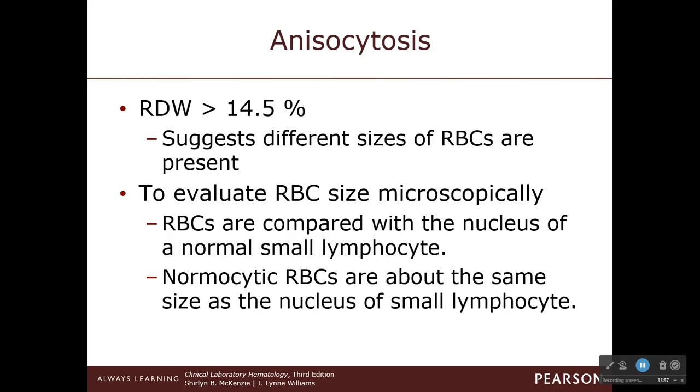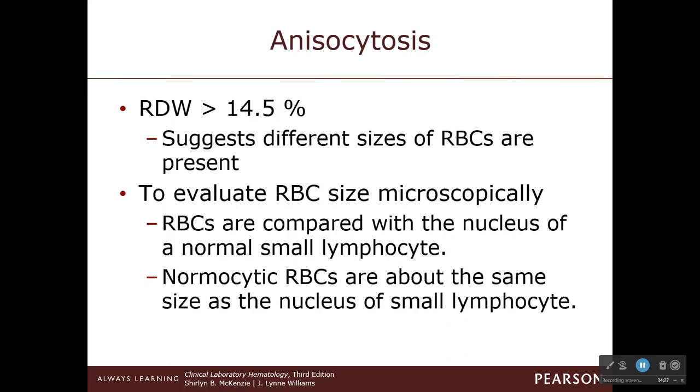So anisocytosis, how do we tell off of the CBC? You look at the RDW. RDW above 14.5% is going to indicate that you have some anisocytosis. Okay. So we don't normally just look at the MCV, okay? We look at the MCV to give us whether we should see macrocytes or microcytes or normocytes, but anisocytosis is the RDW.